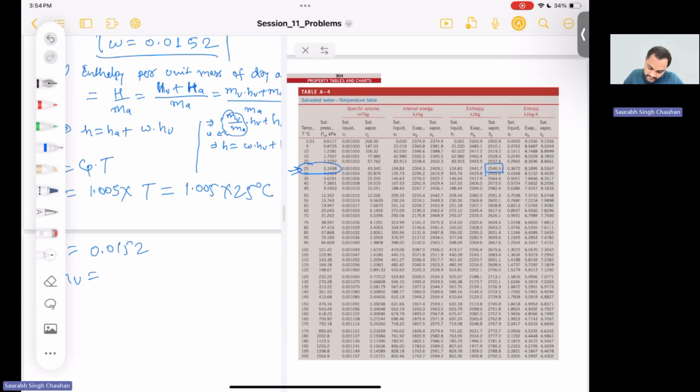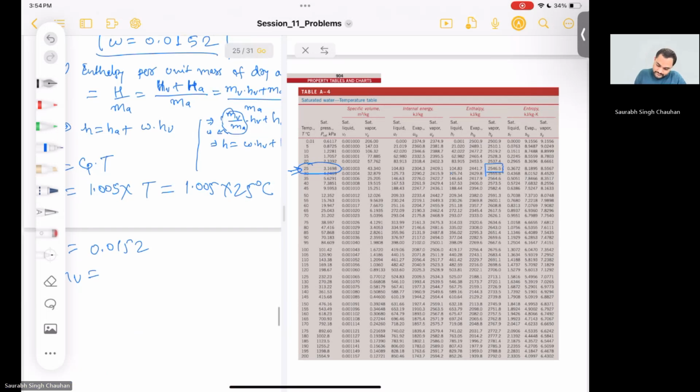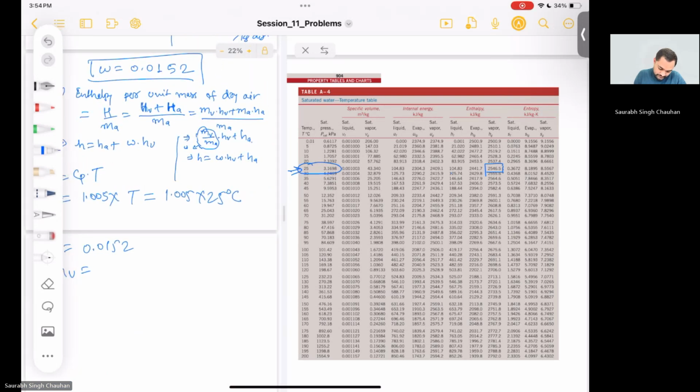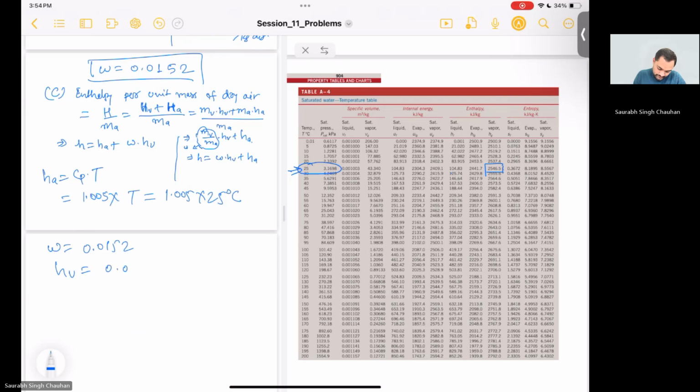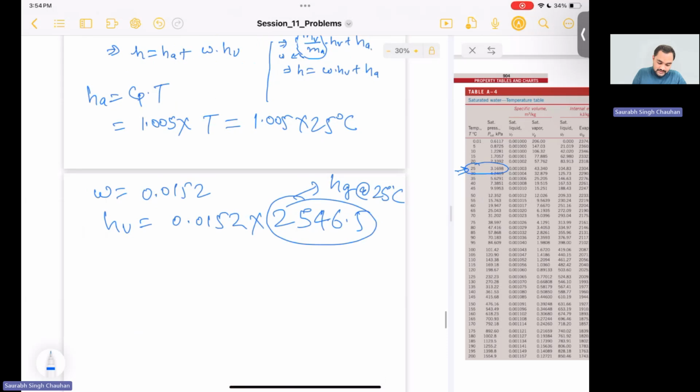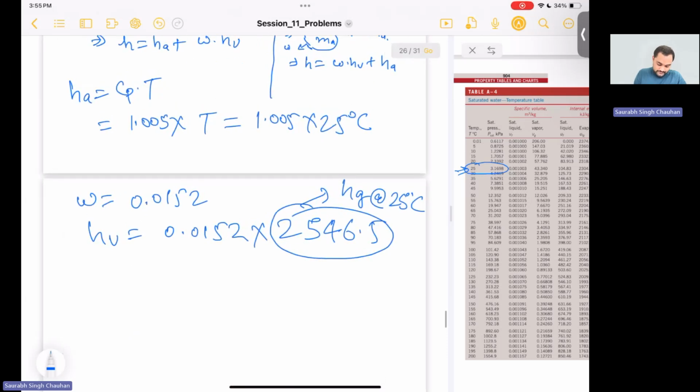This is 2546.5. This is Hg at 25 degrees Celsius. Now we just need to substitute the values.